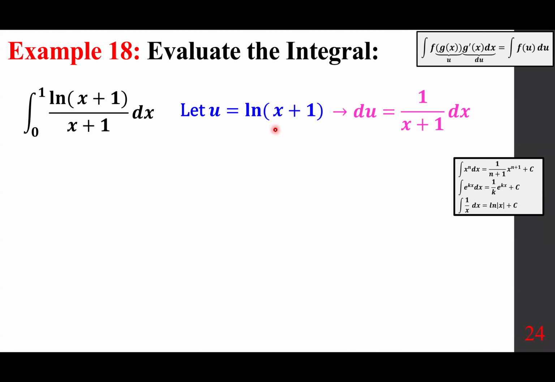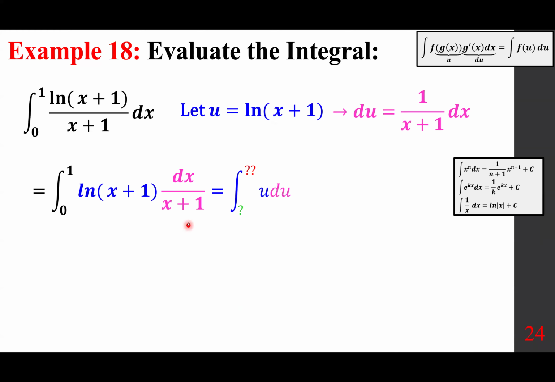So we are going to rewrite this in this format so that it becomes clear we are dealing with u du, and you can integrate this as 1/2 u squared, replace the u with ln of x plus 1, go to the original limits, or if I plug in 0 instead of x, I get ln of 1, which is 0.